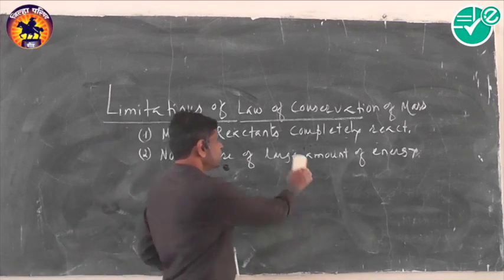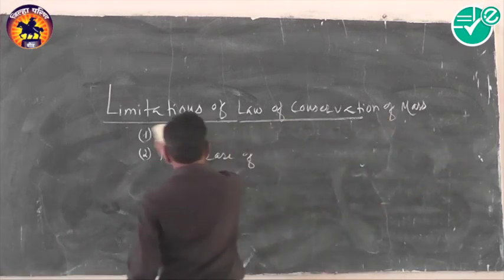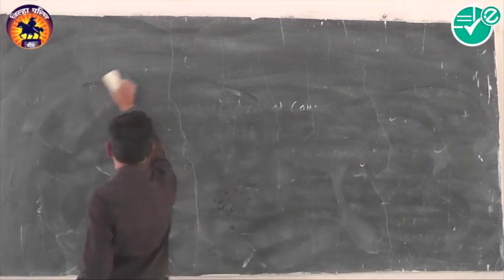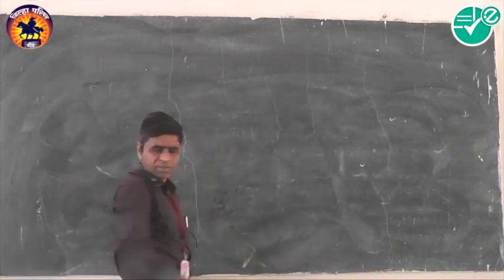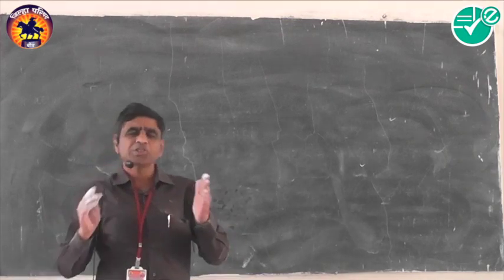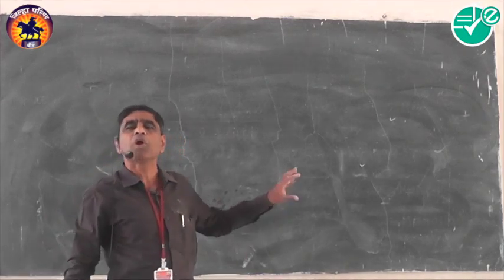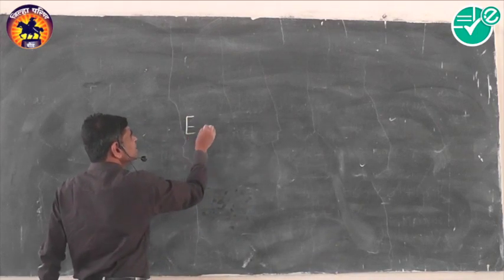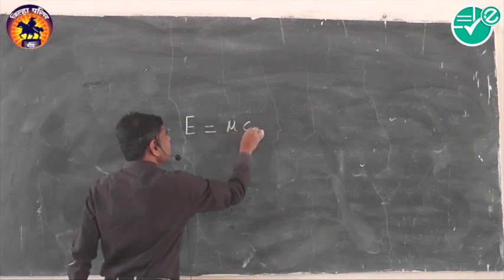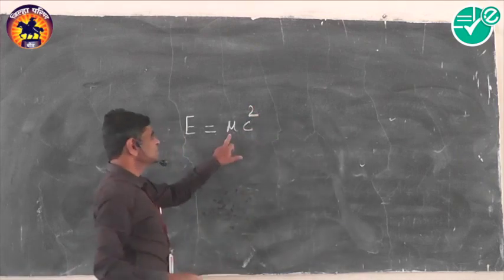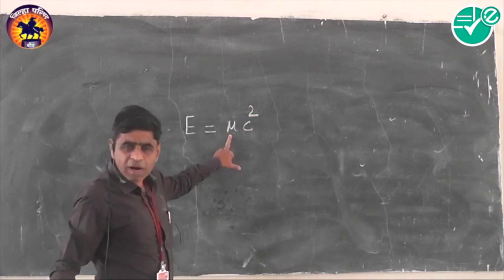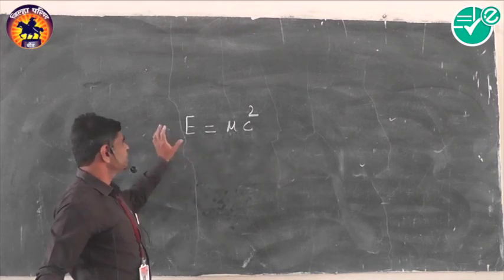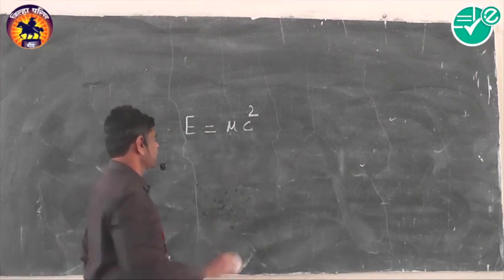And thus during that exothermic reaction, the released energy comes from the loss in mass of the reactant, according to Einstein's equation, E is equal to mc square. Here m is the loss in mass of reactant, and thus E is equal to mc square.